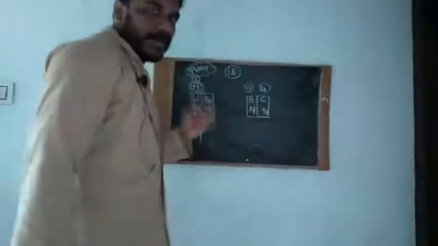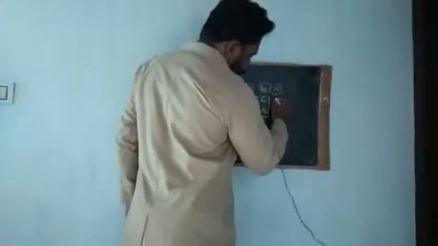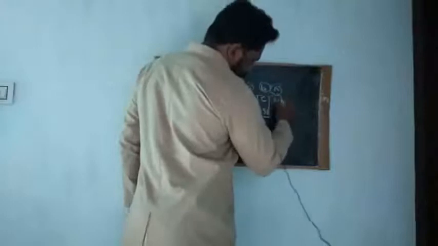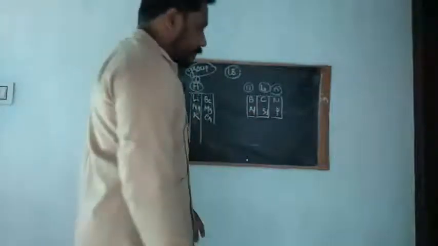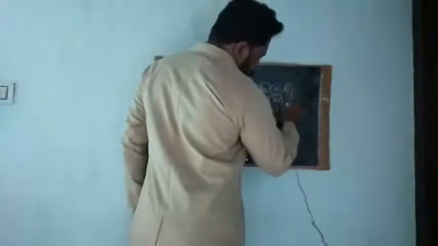These are very important topics that we have to study for the next academic year. The 15th group: nitrogen, phosphorus, arsenic, antimony, bismuth are there, but at least learn nitrogen, phosphorus. And the 16th group: oxygen, sulfur.